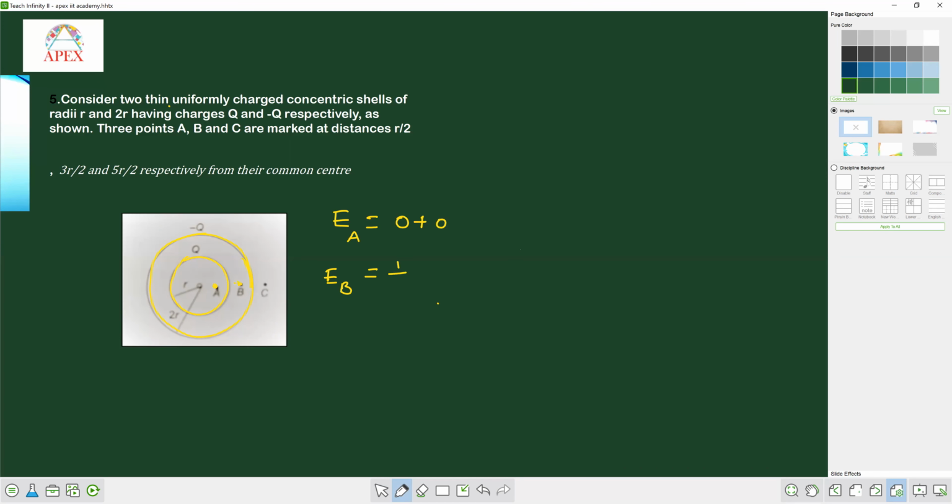That is 1 by 4 pi epsilon naught, charge by R square. The distance from the center to B is 3R by 2. So this will be 1 by 4 pi epsilon naught, 4Q by 9R square. And due to the outer shell it will be 0 only, so I have not taken that.